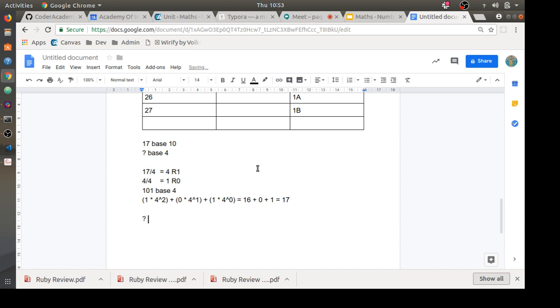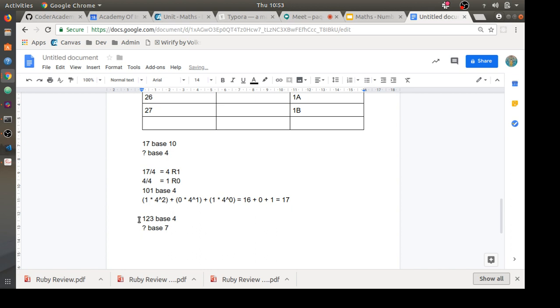Now, if I want to say, what is that in base 7? Let's do it a different way. Let's say we have 1, 2, 3 in base 4, and we want to know what that is in base 7.